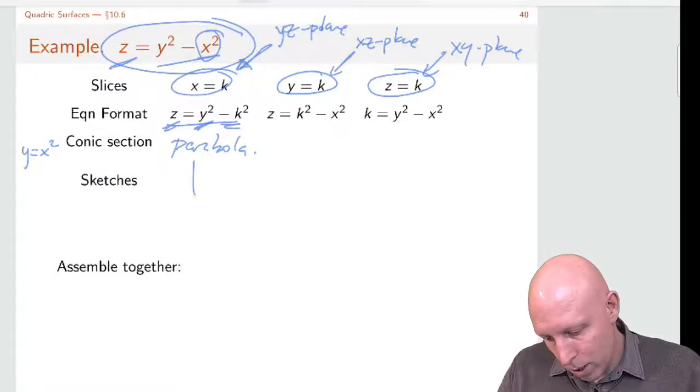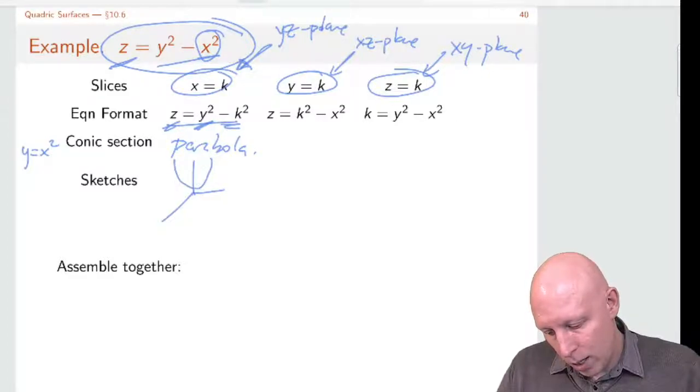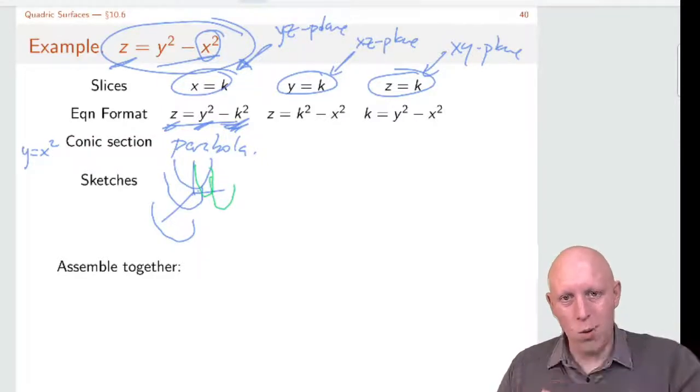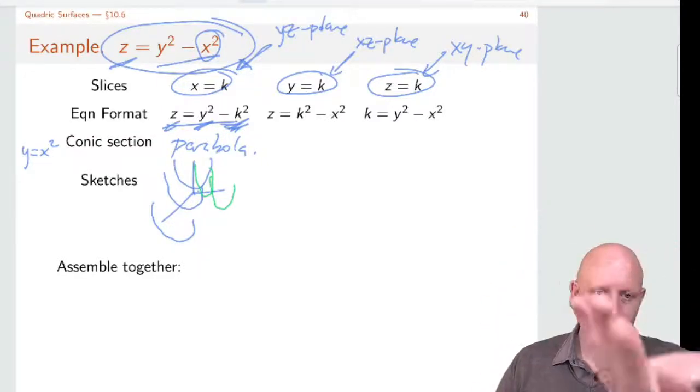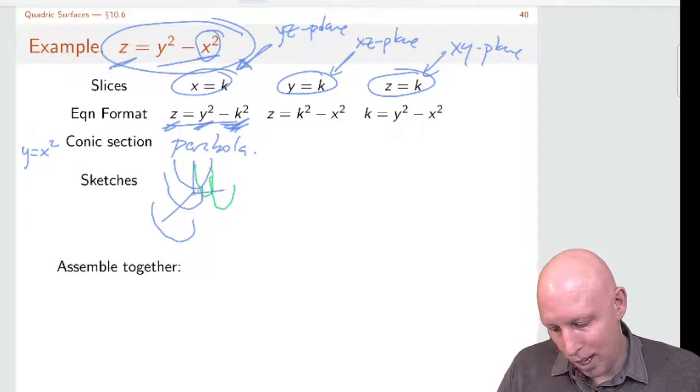We're in the yz plane, and so we get parabolas opening up, and then as we move out in the k direction, the slices end up moving down. And if we move in the x direction, these ones in the back also move down. So it's kind of like a parabola that goes up and waves down.